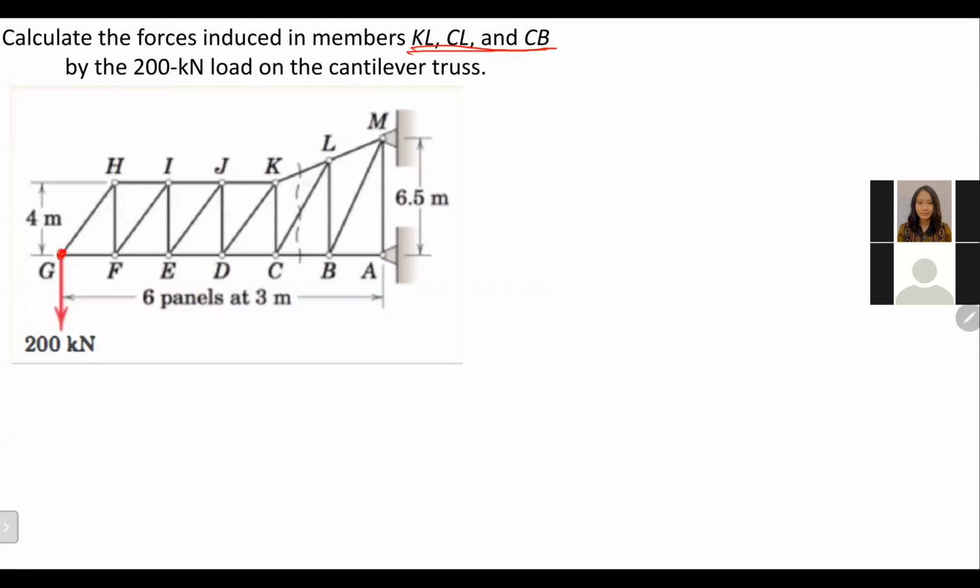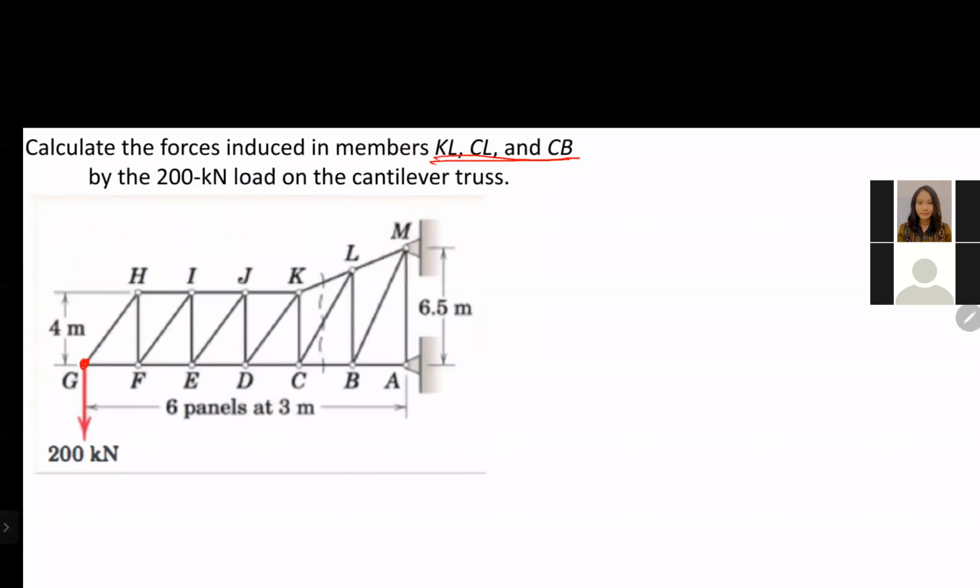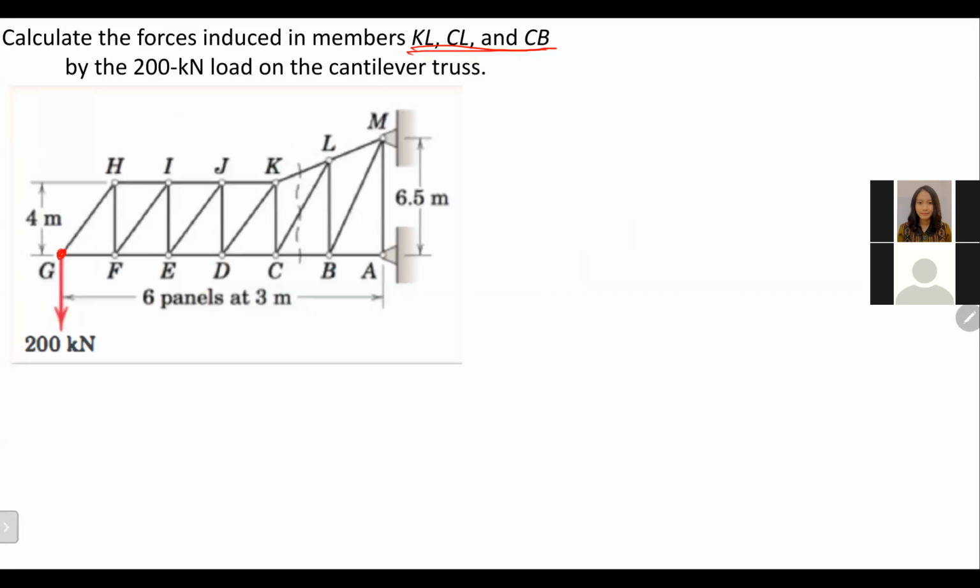Because we only have two unknowns that can be solved, right? Yeah. So from joint G, we will be able to solve for this and this. Correct, right, Pastor? GH and GF. After solving GH and GF, then where are we supposed to go? Which joint are you supposed to analyze next?